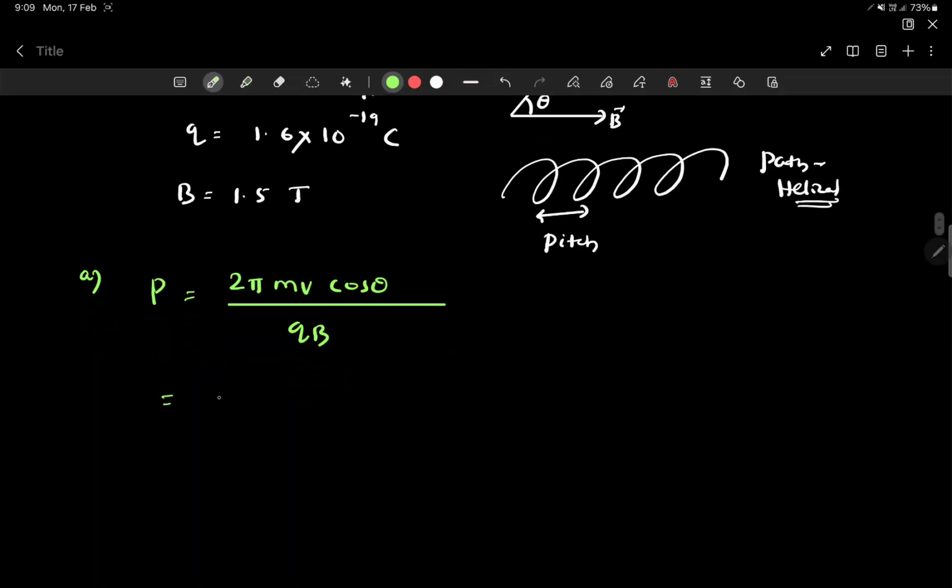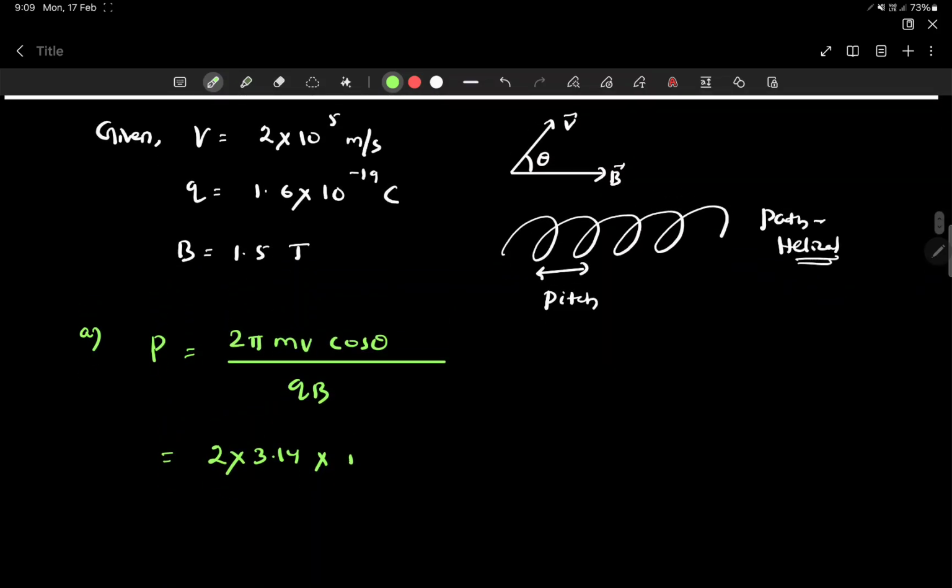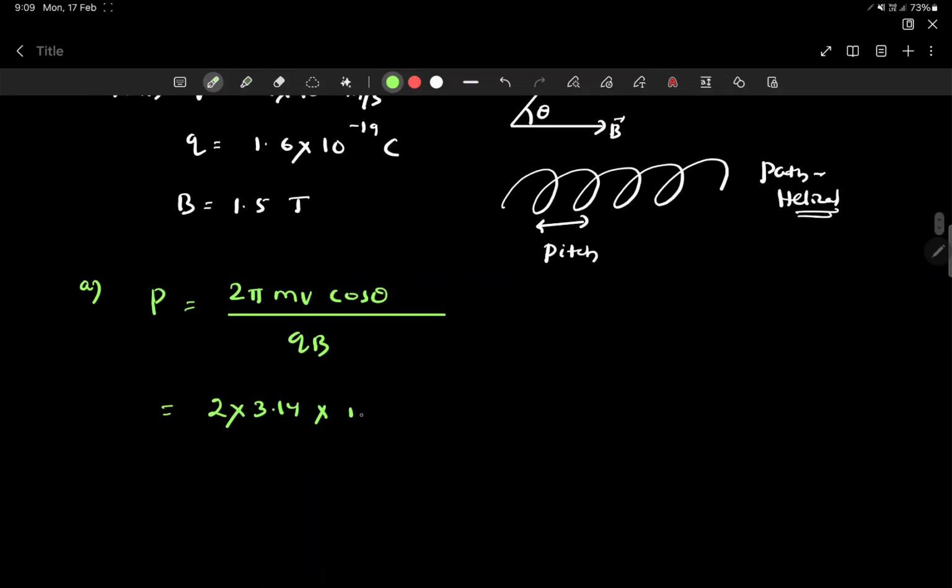Now you can use the respective data: 2 × 3.14 times the mass of the proton, 1.6 × 10^-27 kg.